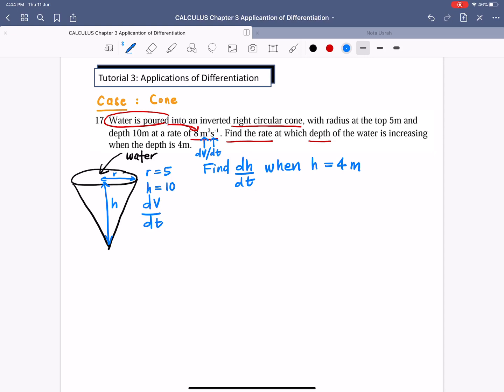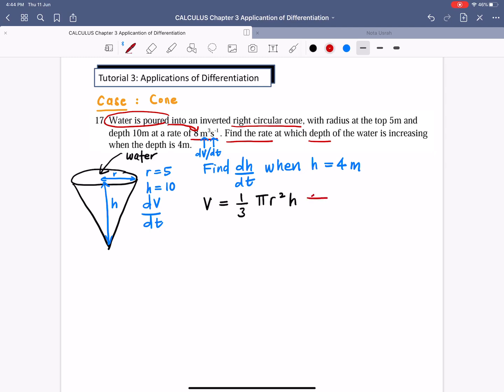Based on the formula for the volume of a cone, which you can refer to from your formula book, the formula for volume is V equals 1 over 3 pi r square h.